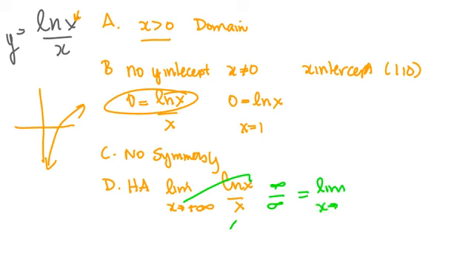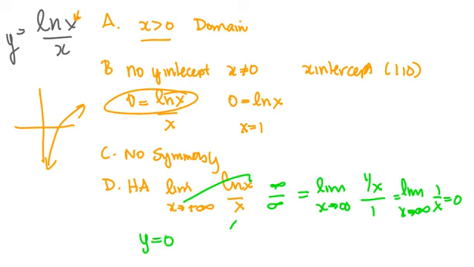So I'm going to take the derivative of the top, which is 1 over x, divided by the derivative of the bottom, which is 1. That just means I'm taking the limit as x approaches infinity of 1 over x, which equals 0. So I've got a horizontal asymptote at y equals 0.